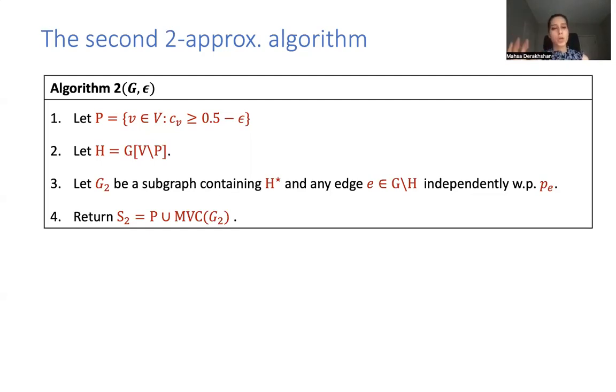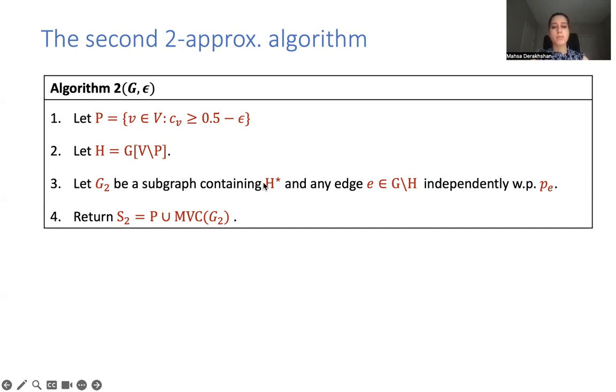Again, C_v was the probability of a vertex joining the optimal solution. So in line 1, we take all the vertices that have C_v larger than half minus epsilon. Then we take all the edges that are not covered by P, which is an induced subgraph of G over vertices that are not in P, and then query those edges.